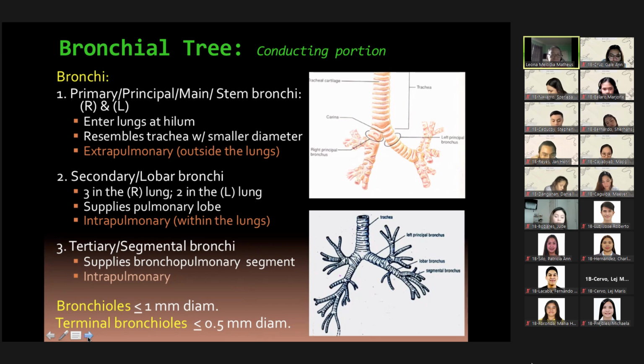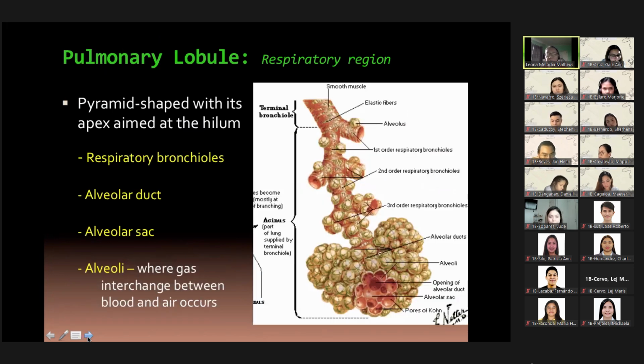So that one was, of course, the conducting portion. Now let's move on to what we call the respiratory portion of your respiratory tract. As a whole, this is what we call the pulmonary lobule. So note this area.